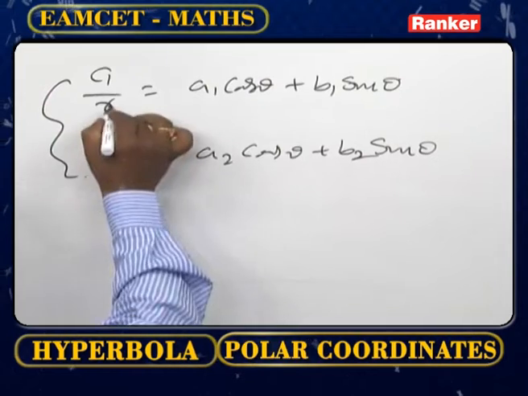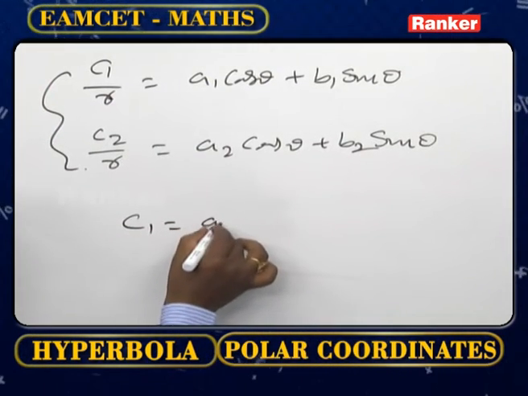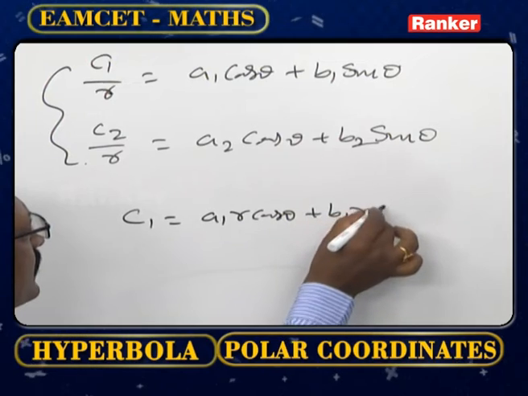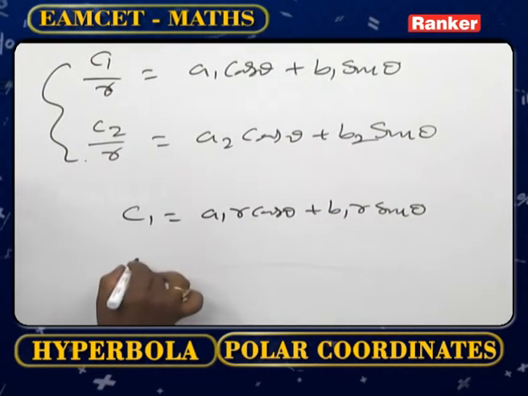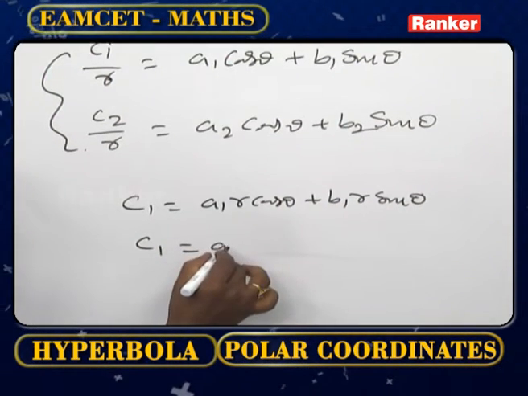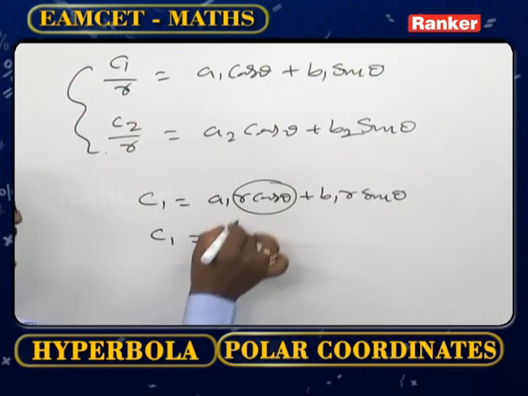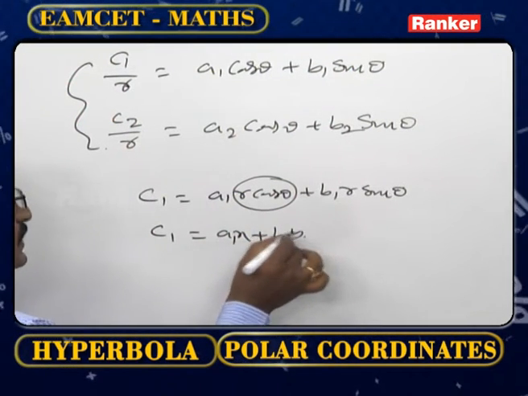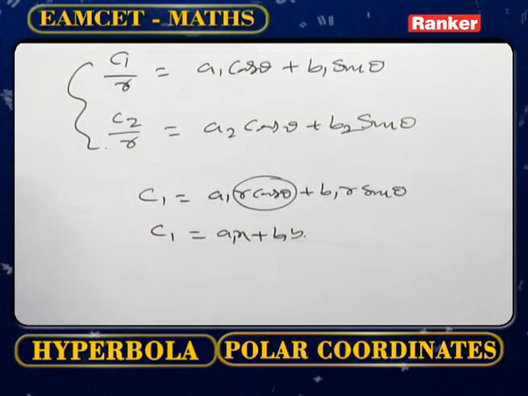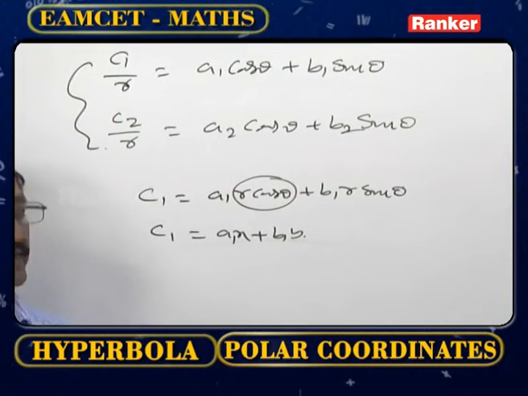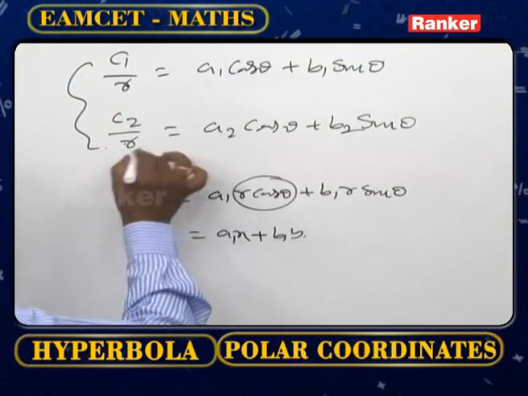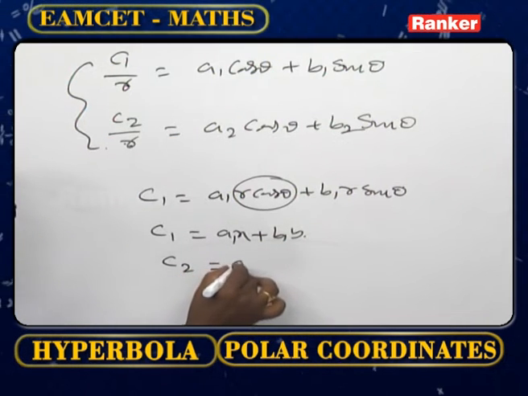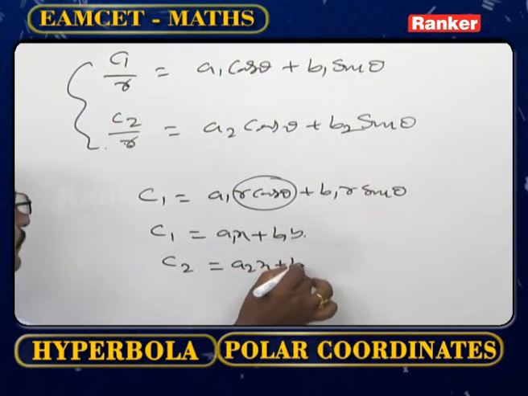By cross multiplication, C1 equals a1 r cos theta plus b1 r sin theta. Now, r cos theta equals x, so a1x, similarly b1y. First line equation: C1 equals a1x plus b1y. Similarly, second equation cross multiply, we get C2 equals a2x plus b2y.